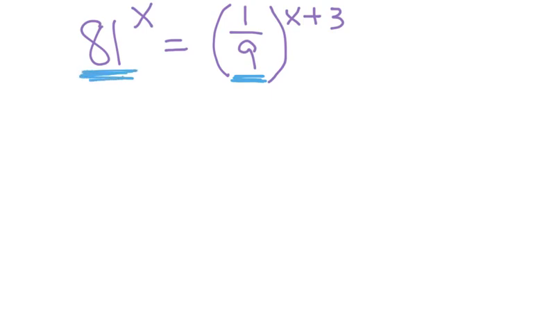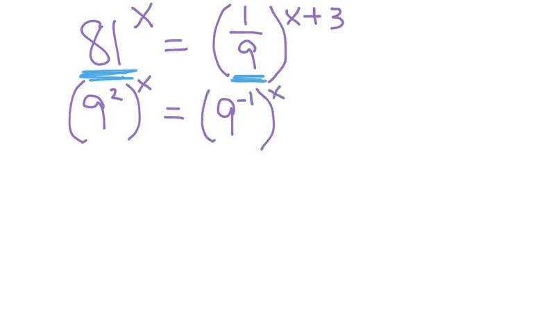So we're going to change both of them into a base of 9. This is 9 squared, still to the x power. And 1/9, remember, is 9 to the negative 1. And that's to the x plus 3 power.